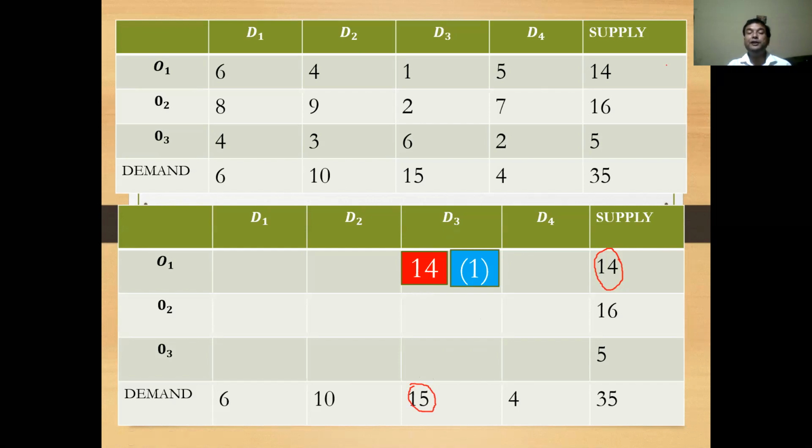If we give 14 items, all the items available in origin 1 have been supplied to destination 3. So this part becomes 0.